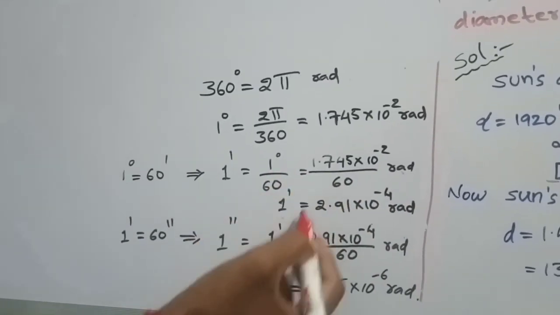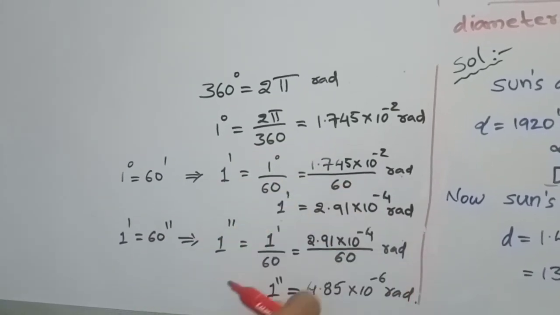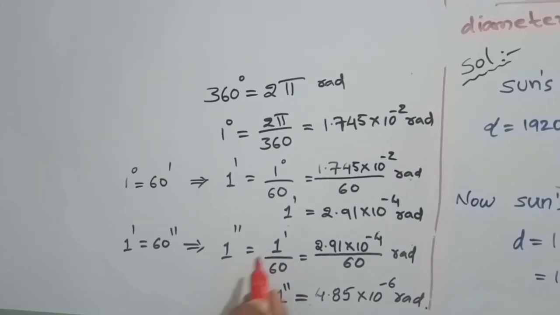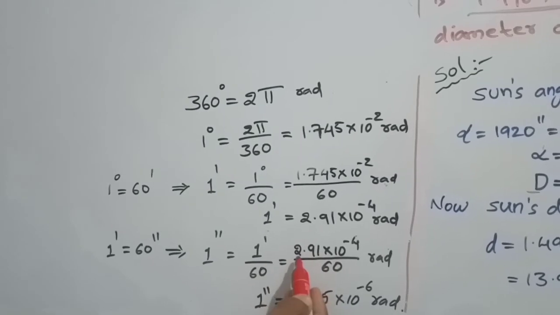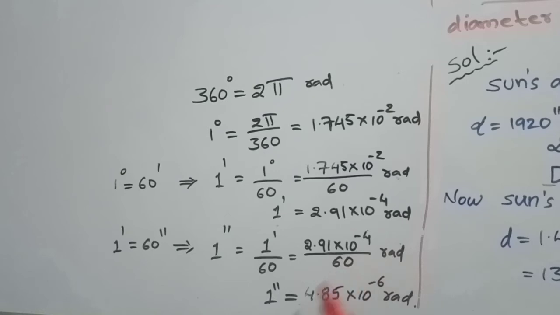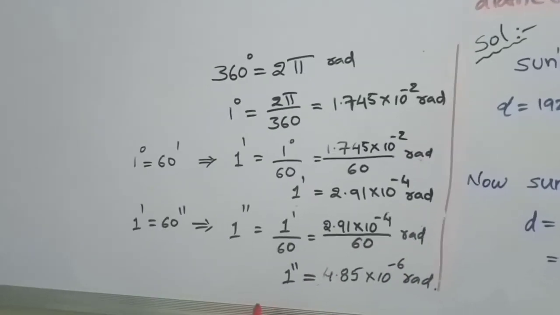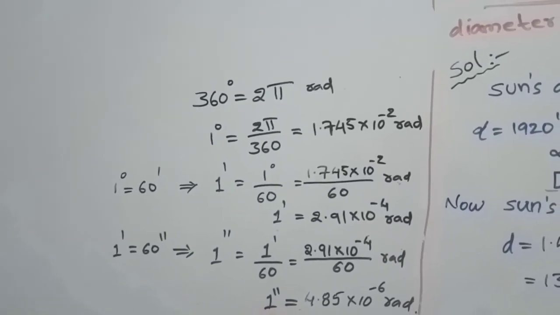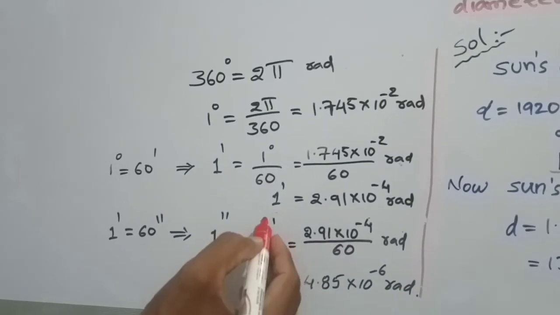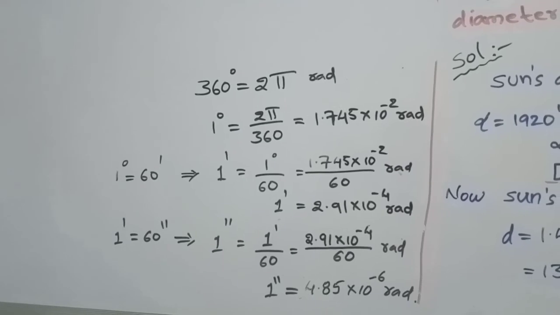Similarly, if we divide 1 minute into 60 divisions, then 1 division is equal to 1 second. 1 second is equal to 1 minute by 60, that is 2.91 into 10 to the power of minus 4 by 60, which is equal to 4.85 into 10 to the power of minus 6 radians. So 1 second is equal to 4.85 into 10 to the power of minus 6 radians, and 1 minute is equal to 2.91 into 10 to the power of minus 4 radians.